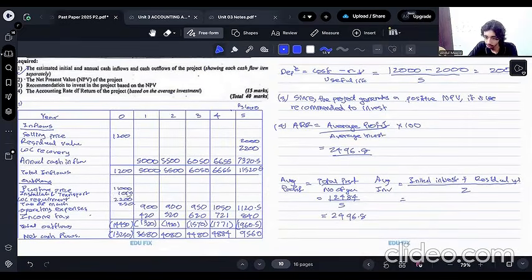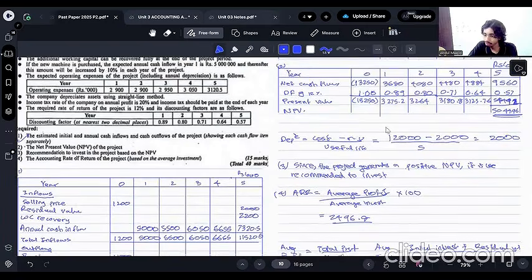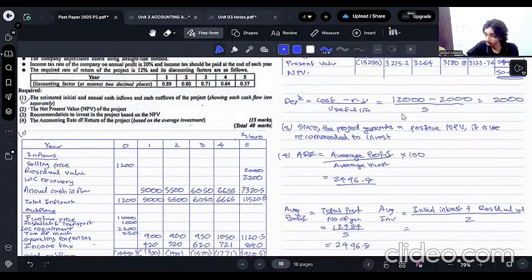Purchase price 11 million plus installation cost 1 million. Like when we calculated depreciation, we took 12,000. That only you will take here, the initial value of the machine. And then the residual value at the end of the useful life, that is 2,000. 12,000 plus 2,000 divided by 2, you are going to get 7,000.